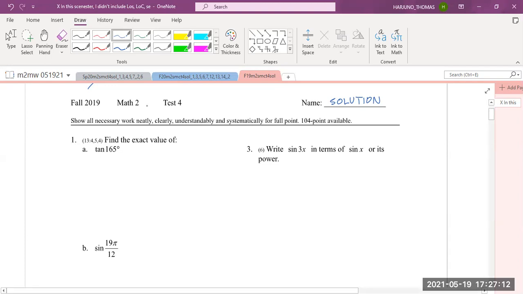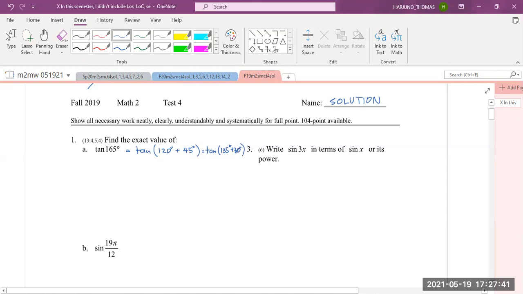Number 1A, find the exact value of tangent 165. Now try to think how to build this 165 using special angles. I can think of 120 degrees plus 45 degrees, or you can also use 135 degrees plus 30 degrees.